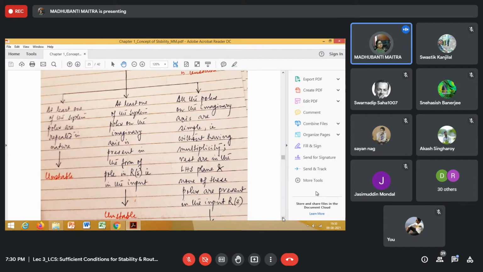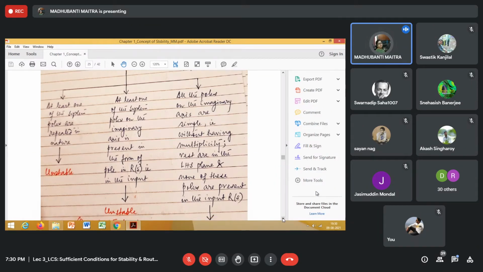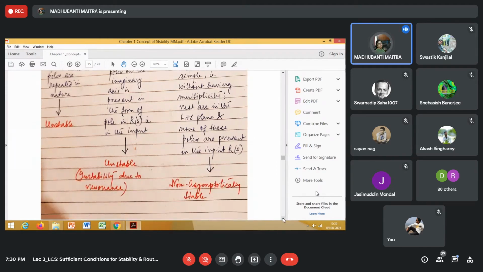All the system poles on the imaginary axis are simple in nature, but at least one of these simple system poles is present in the form of a pole in R(s). Then, as we have already studied, the system will behave like an unstable one, and this phenomenon is known as instability due to resonance.